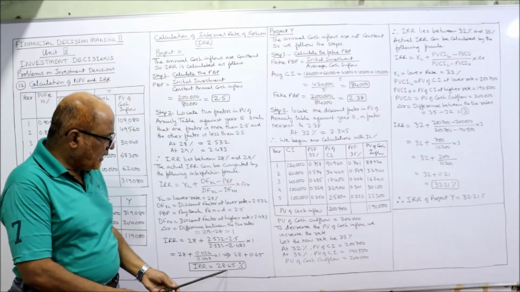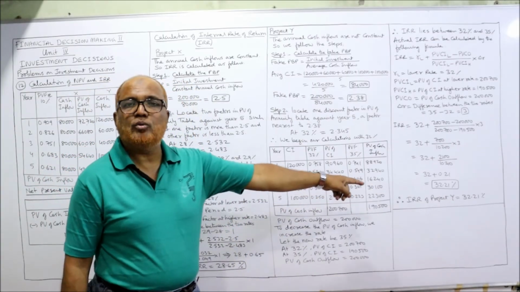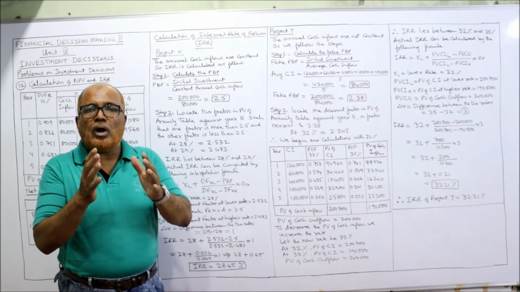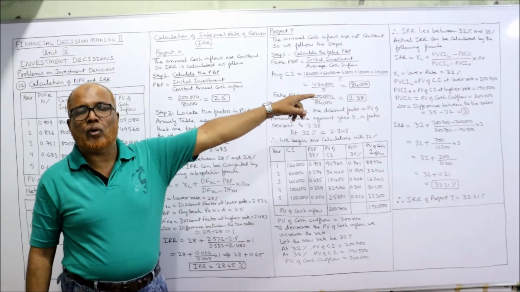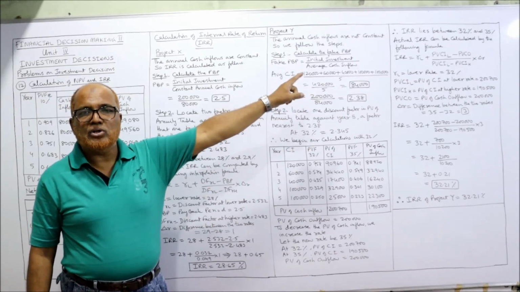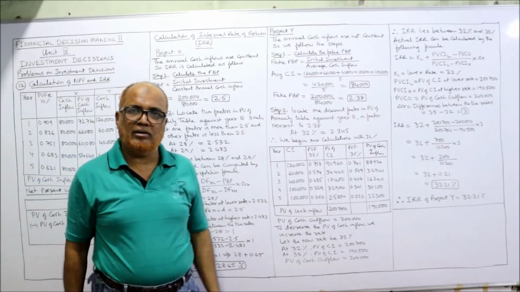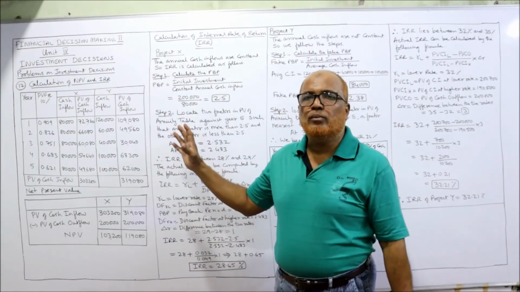Compare 28.65 and 32.21, which is greater? 32.21 is greater. So the conclusion, according to IRR criteria, is that we suggest the company go for project Y because project Y has a higher IRR. That's all.